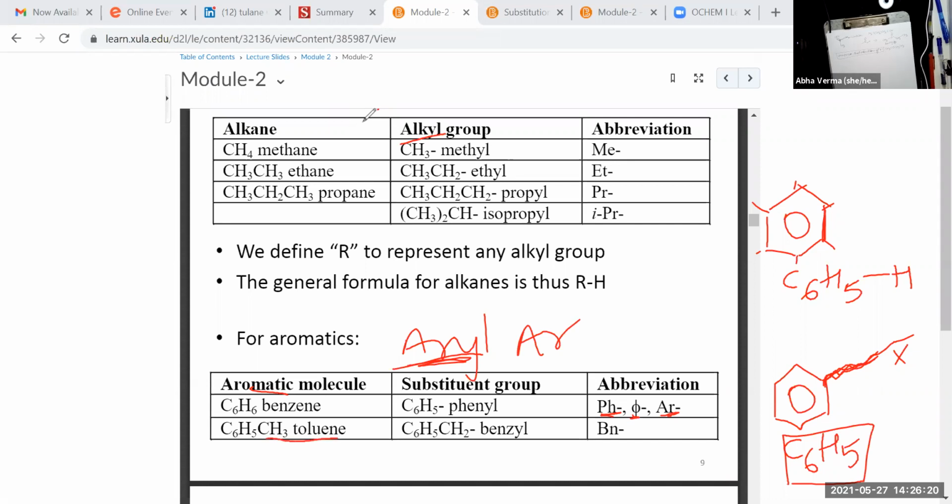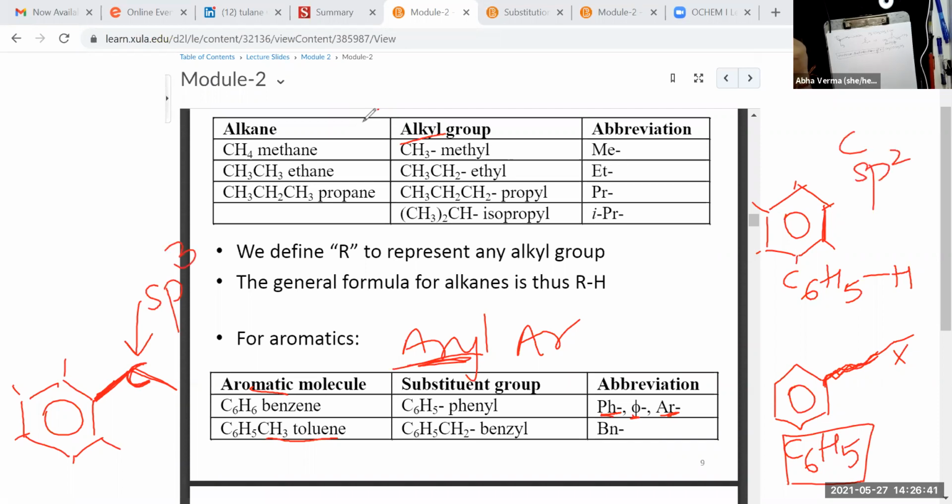On the other hand, we also have a group with toluene. You have this ring, all the carbons are sp2 hybridized, but then one carbon is sp3 hybridized.